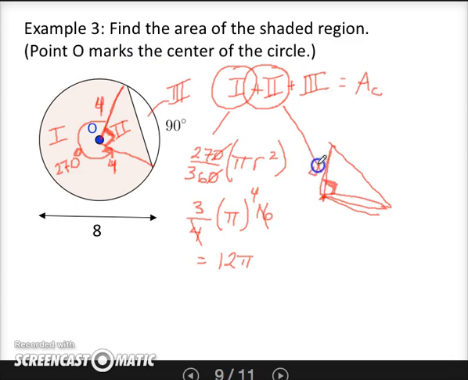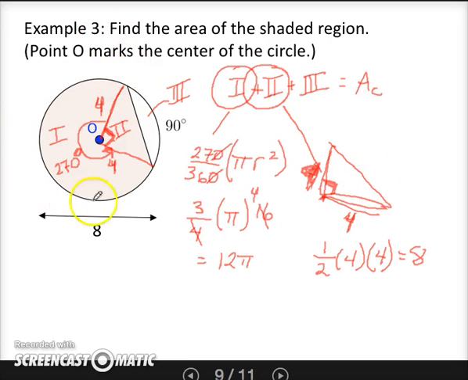So I can label the legs 4 and 4 here. And now we're down to a very simple problem, because in a right triangle, we don't have to find base and height. We know the base and height. 1/2 times the base times the height is going to be the area of this triangle. So that simplifies to 1/2 of 16, which is 8 units.